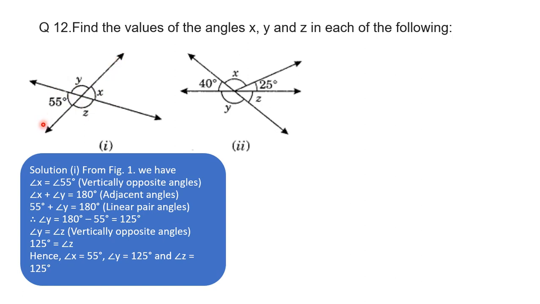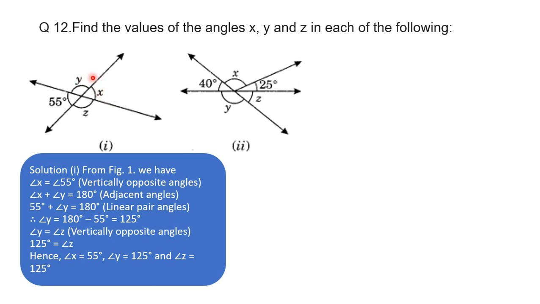Now again in this figure, when the two lines intersect, we know that pairs of vertically opposite angles are formed and they are equal. So we can say this 55 degree is vertically opposite to this angle x. So that means x is equal to 55 degree, as they are vertically opposite angles. Now look at this, angles x and y form a linear pair.